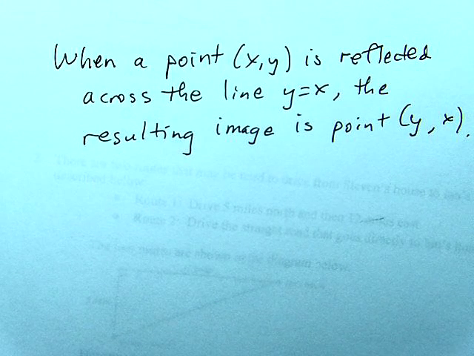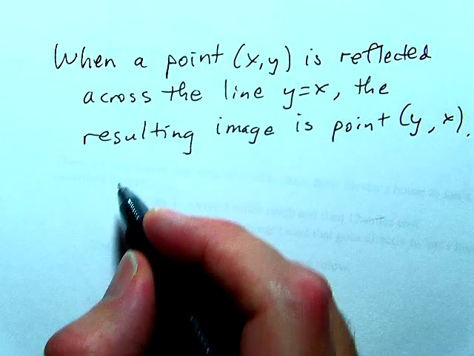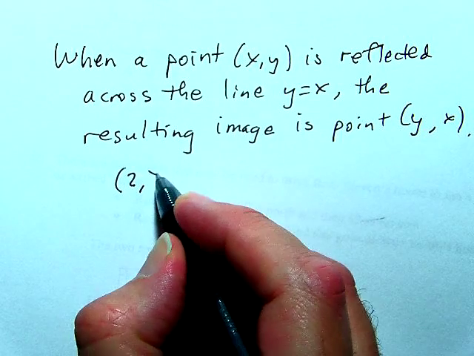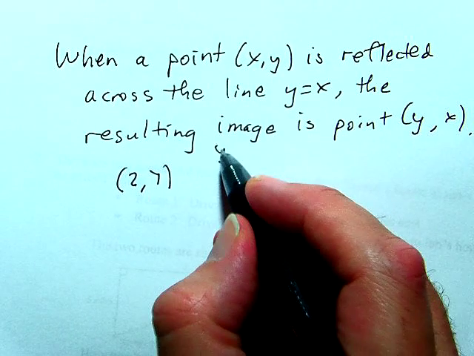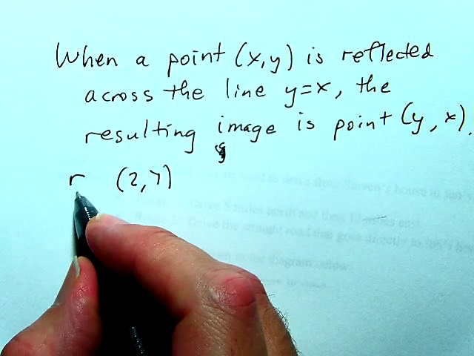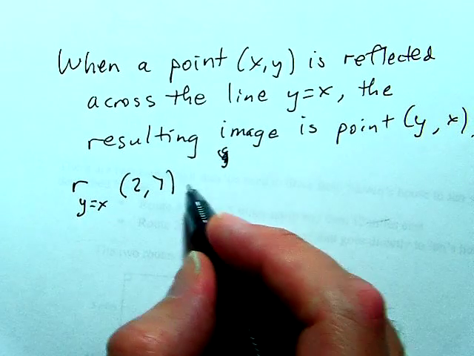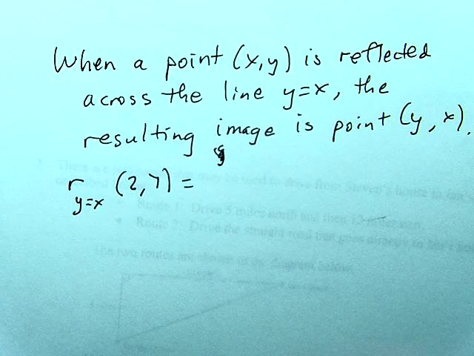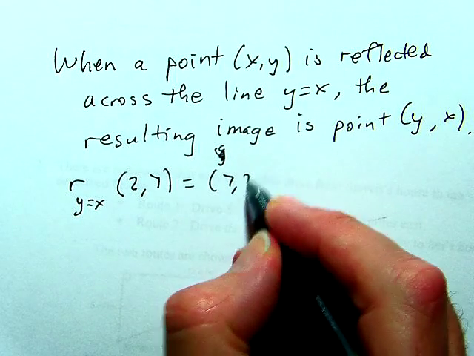Okay, so let's talk about, again, more specifics. If I took point 2, 7 and reflected it across y equals x, the reflection across y equals x of 2, 7 would equal 7, 2.